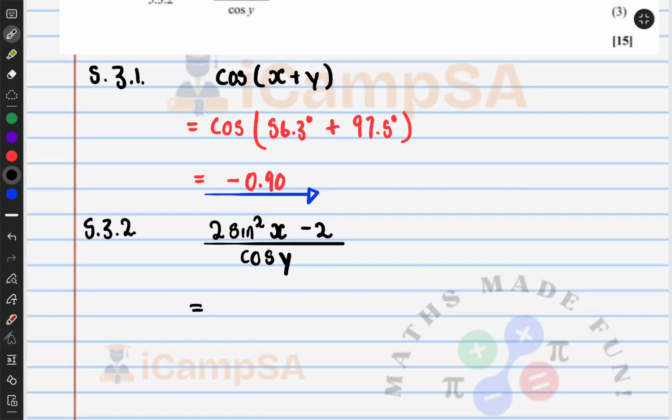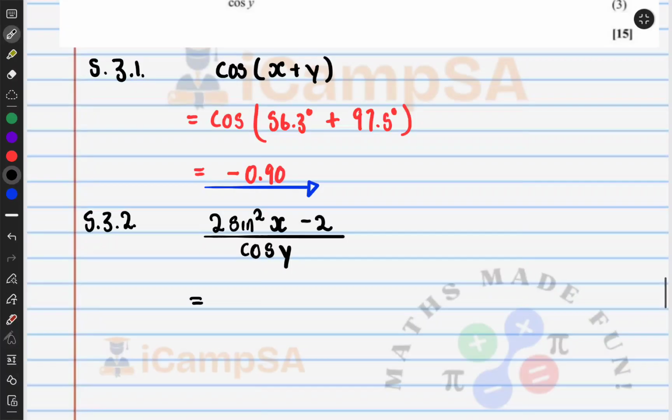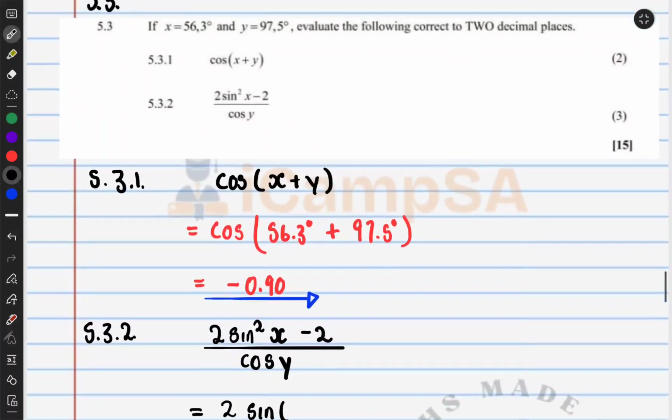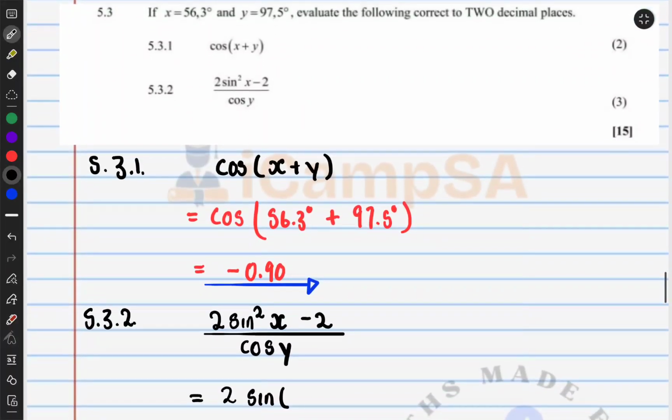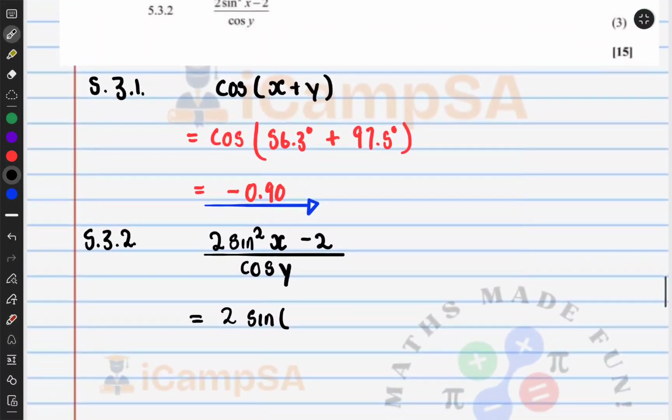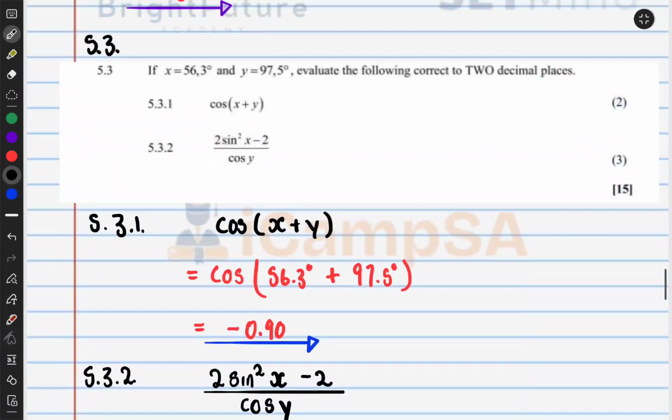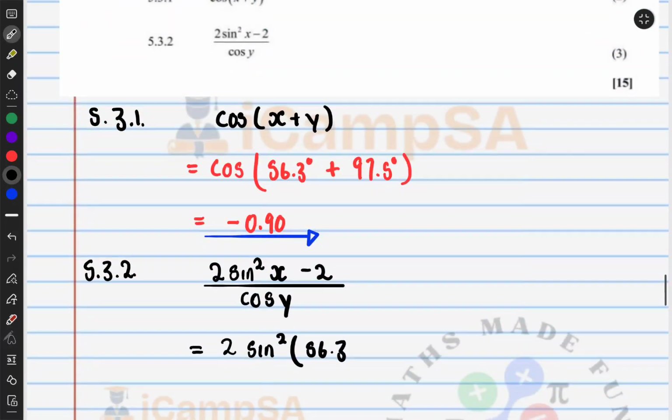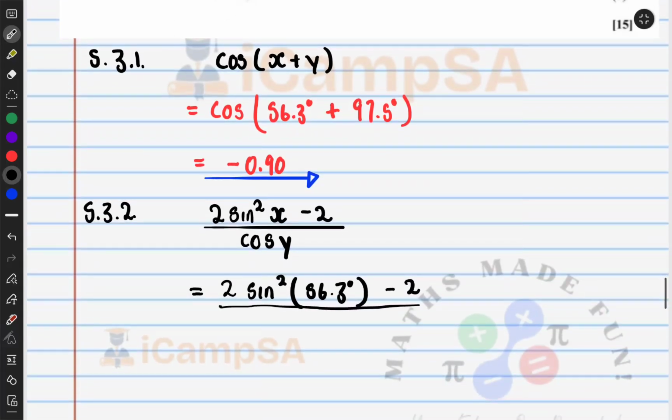So 2 sine squared x is going to be 2 sine of x, which is 56.3 degrees, squared, minus 2 over cos y.